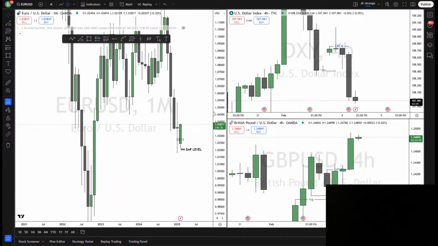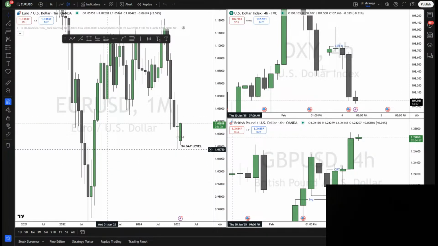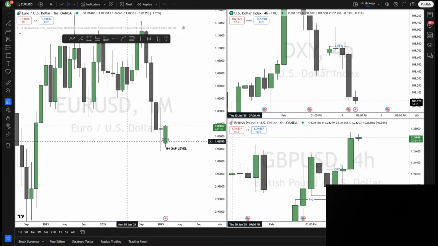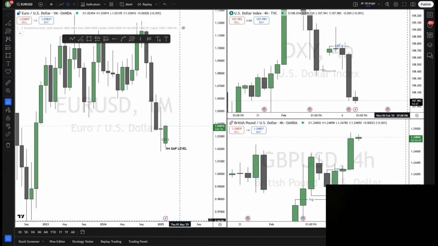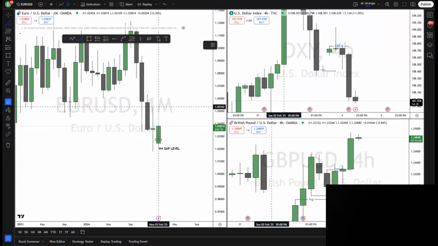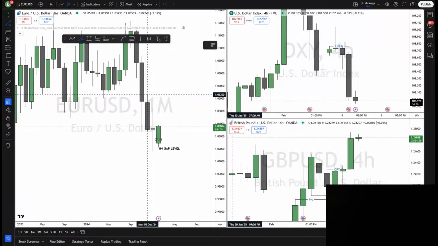This is Euro USD, our main pair. We took all this sell side liquidity, and we closed within. So this indicated that next week we are going to start looking for buys, and our target is CRT. This is the first target, and then this last target until we hit this fair value gap.